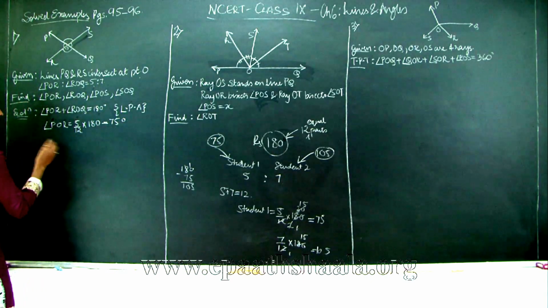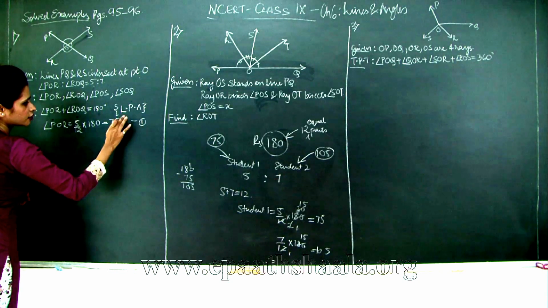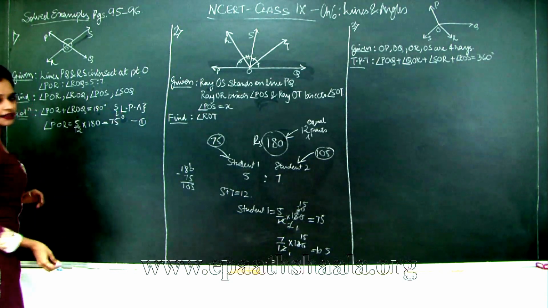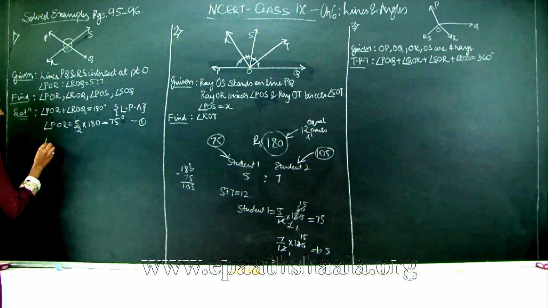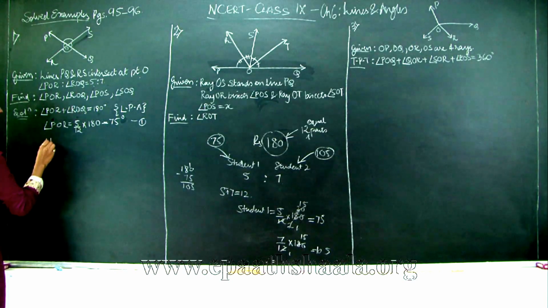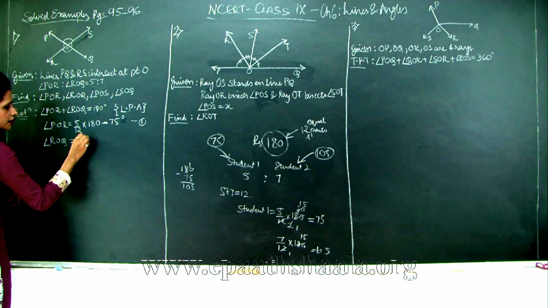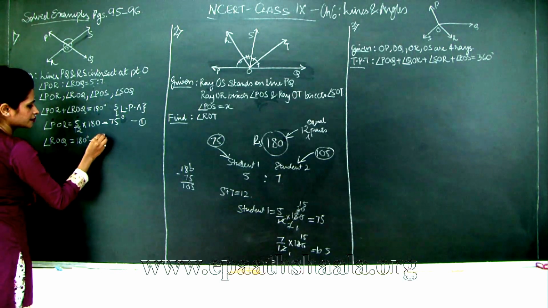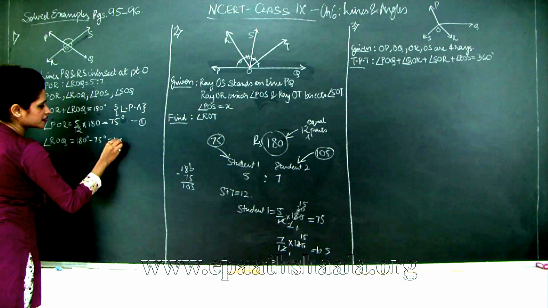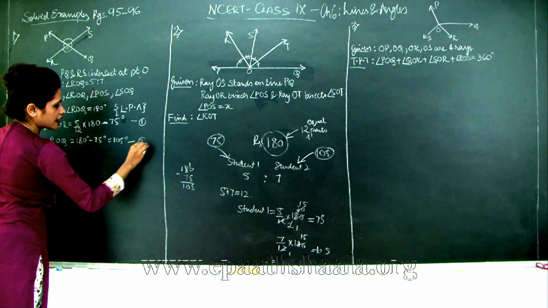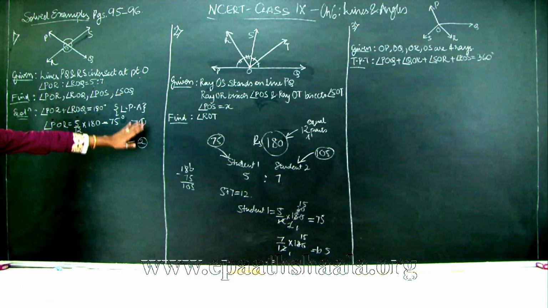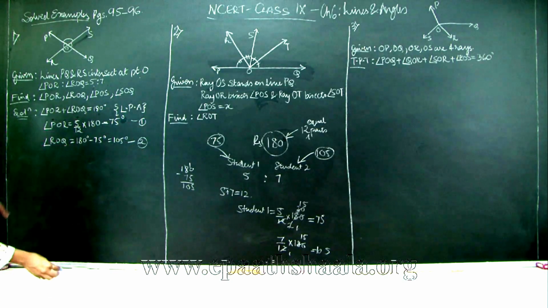I'll mark this as 1. It looks like 750, so I'll make this degree sign a little smaller. And angle ROQ is equal to 180 degrees minus 75 degrees, which we saw is 105 degrees. This is 2. We'll see why I'm marking these as 1 and 2.